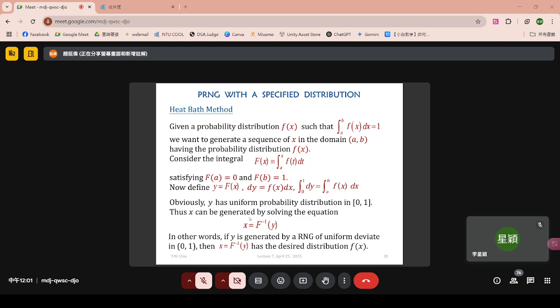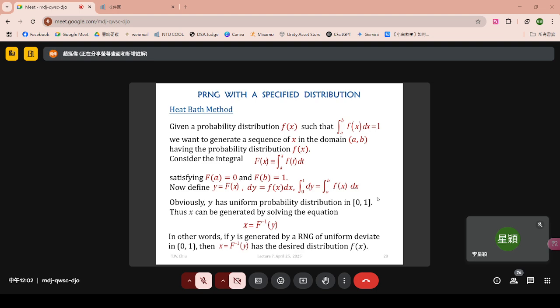Then x can be generated by solving the equation. Since y and x have a relation like this, you can solve the inverse of this equation. If you can solve this inverse equation, then you can get an x which is distributed as f(x). So this is the heat bath method. If y is generated by a uniform random number generator in 0 to 1, you solve this for x and then get the distribution f(x).